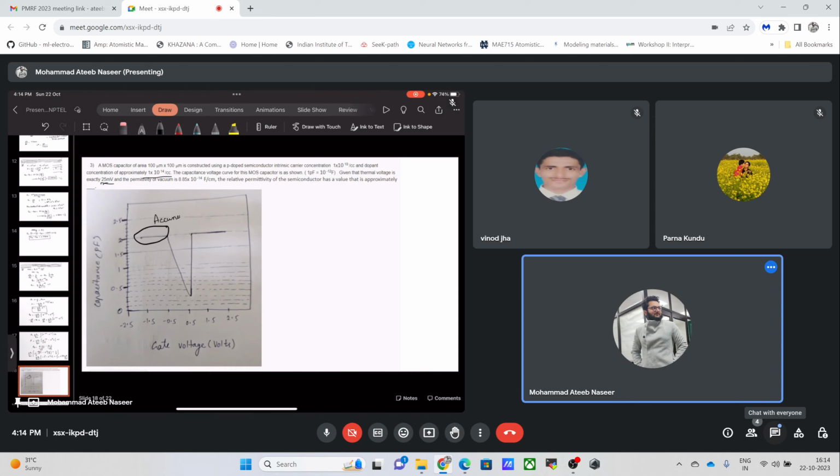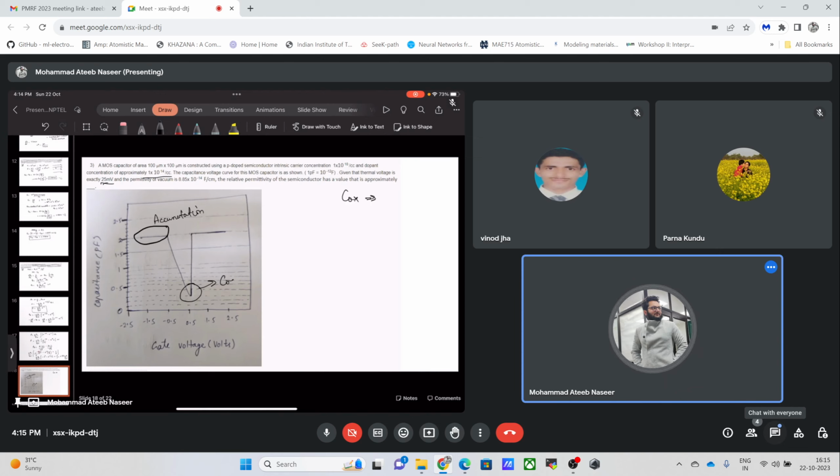In accumulation we have just the COX capacitance, the oxide capacitance. This other point will correspond to the depletion region, and it will be the onset of the inversion region, whatever you would like to say. And at this point we will be having both COX and C depletion capacitance. This will be corresponding to that value.